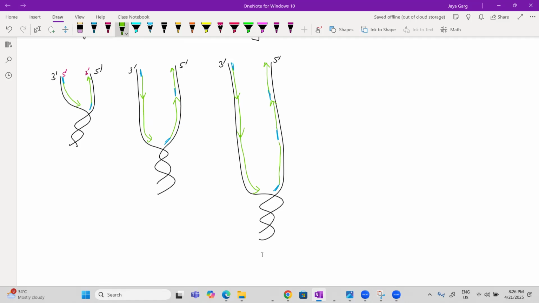So now black color is parent. Parent means template. So can I say the template which is running from 3' to 5' is doing replication continuously? It will do continuous replication and it will produce the leading strand. Am I right?